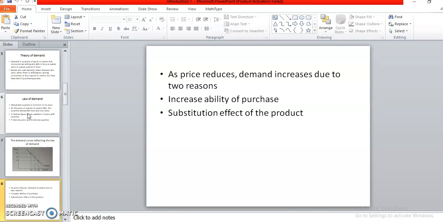Similarly, there is the substitution effect. As the price increases, people think about substituting that product. Again, it shifts the demand curve toward the right or the left. So the demand curve is influenced by these two factors: purchasing ability and the substitution effect.